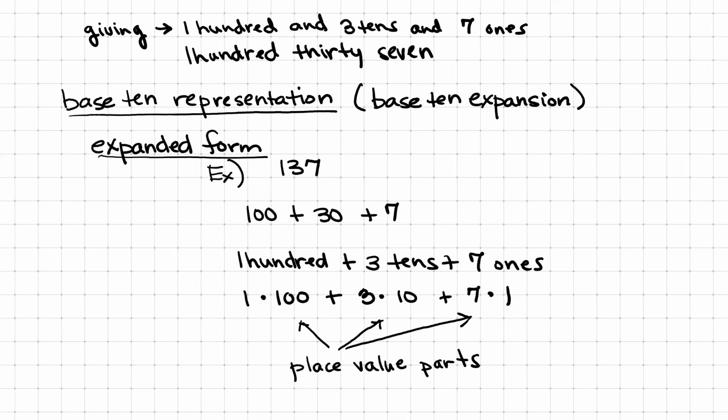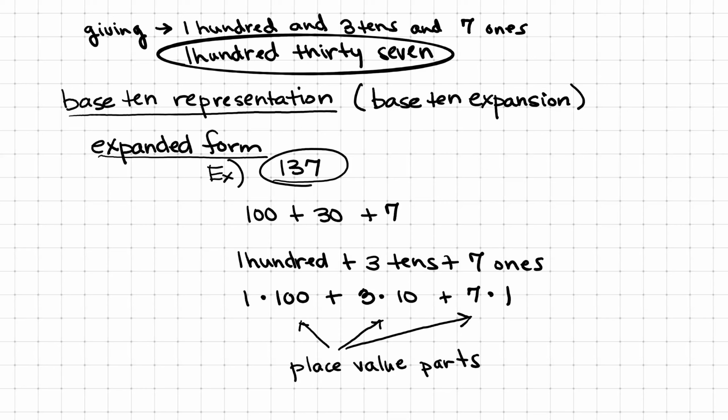And when the values are not shown explicitly, such as writing the number this way, 137, even interpreting the written numbers requires a little bit of abstract thinking on the part of the interpreter.